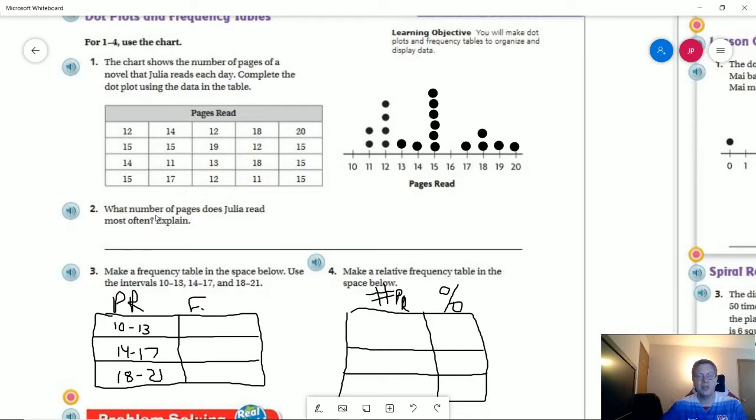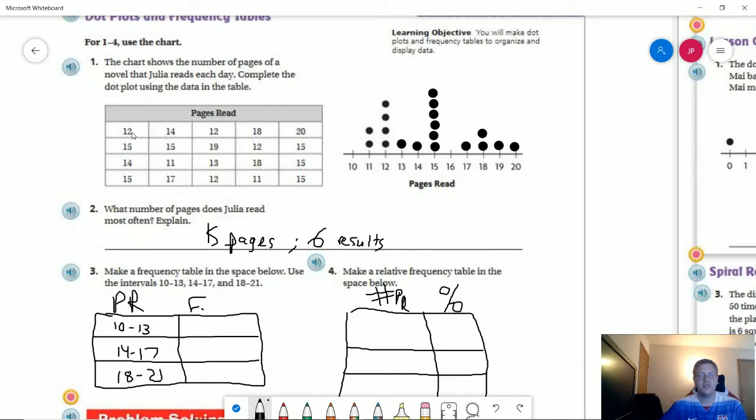So the number of pages, what number does she read most often? So I have 1, 2, 3, 4, 5, 6 of 15 pages. So 15 pages, and the reason why is I have 6 results for that.